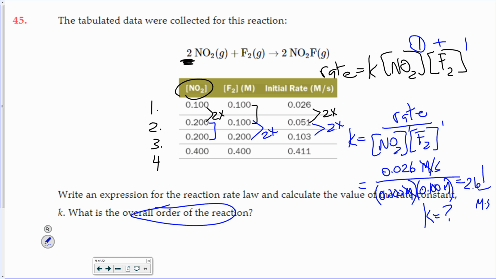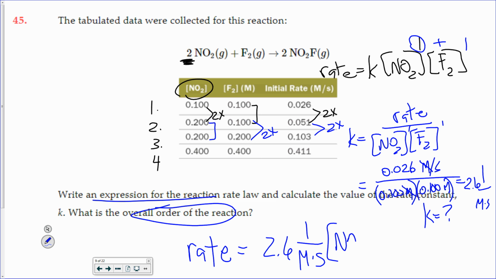So if I wanted to write the overall rate expression with a K, it would be rate equals the rate constant, 2.6 inverse molar inverse seconds, times the concentration of the NO2 times the concentration of the F2. And both of those are to the first power. Question on that? Easy enough?